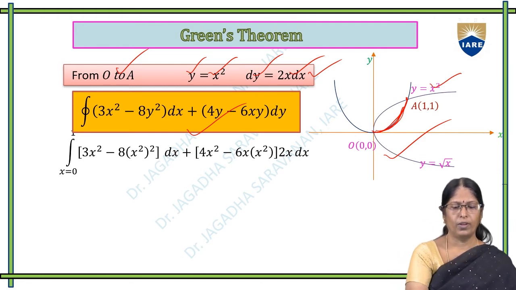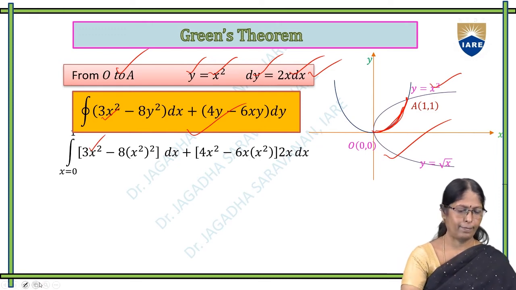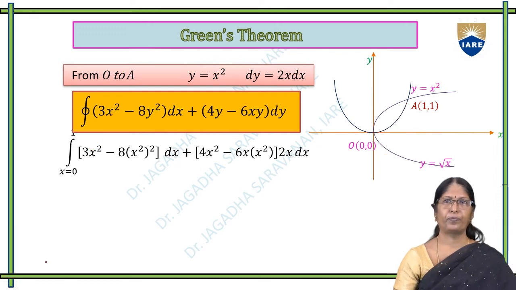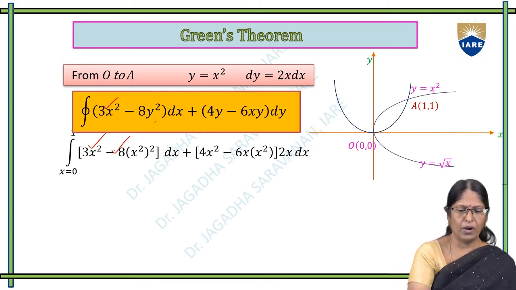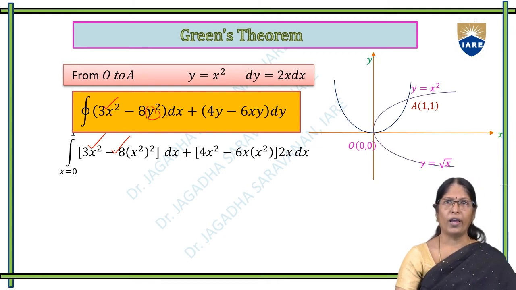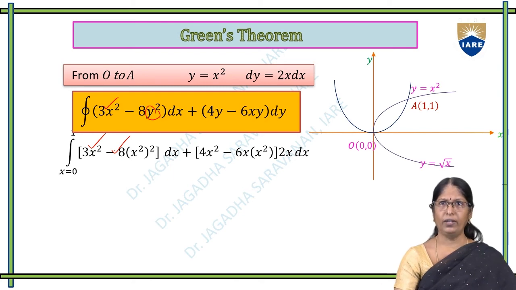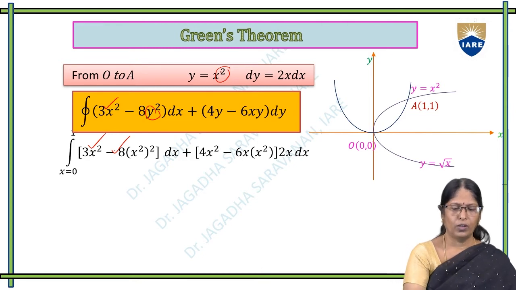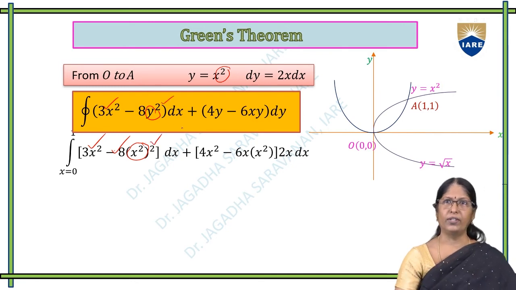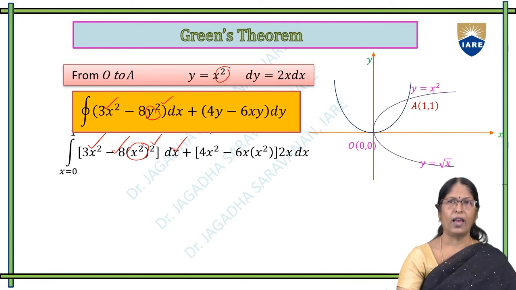The 3x square is as it is, minus 8 as it is. Here y is there; the changed one I'm circling. In the y place we are writing x square, so y is replaced and written as x square, and the square as it is. dx is as it is.